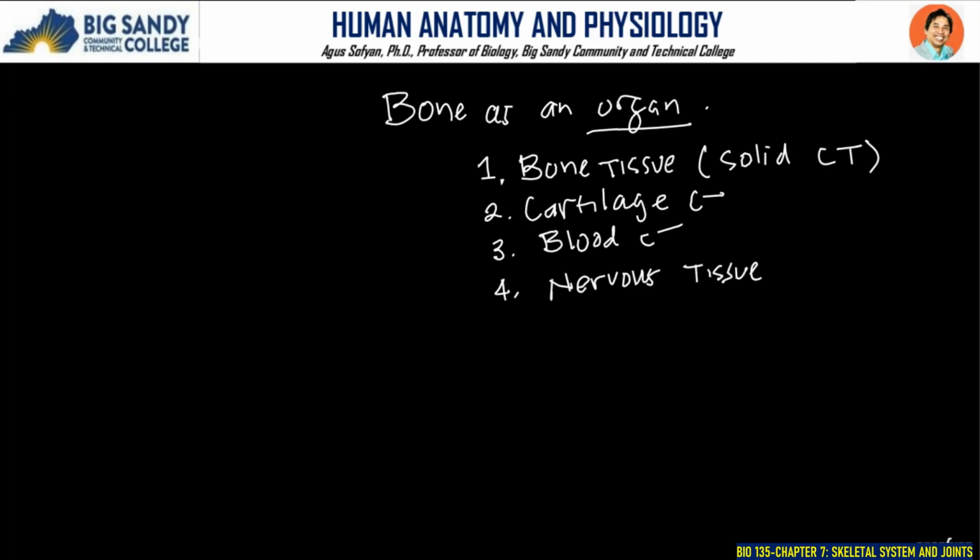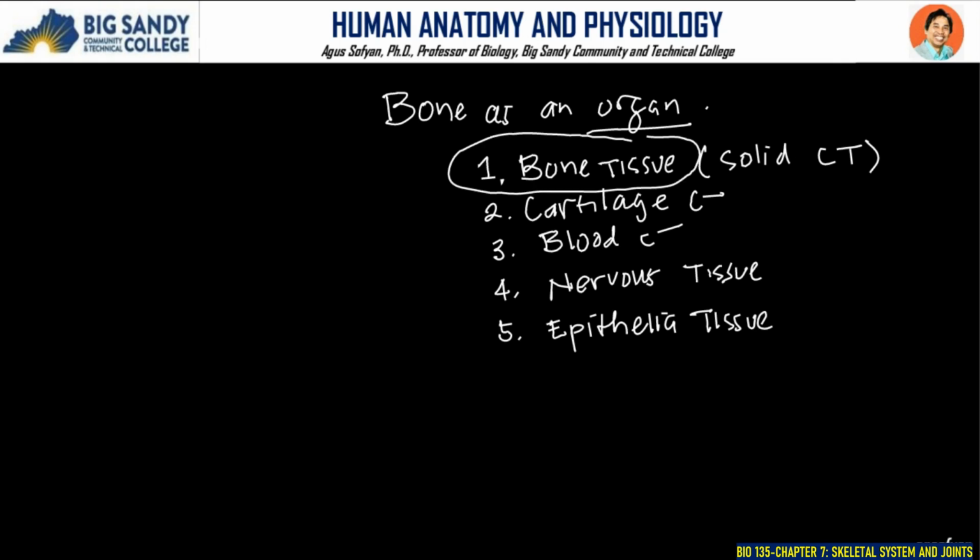Okay, and of course, bone is covered or protected by the epithelial tissue. Okay, so there are several tissues that present in the bone. But today in chapter 6, we mostly focus in bone as a tissue.